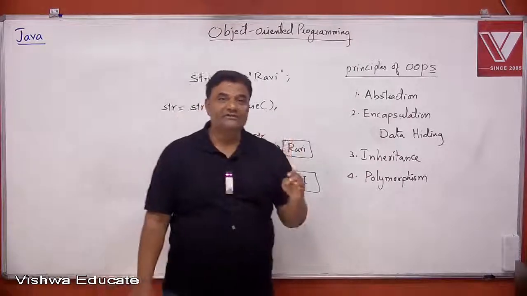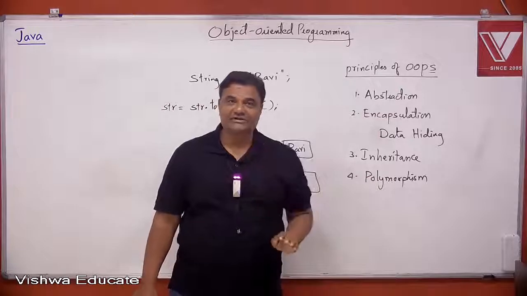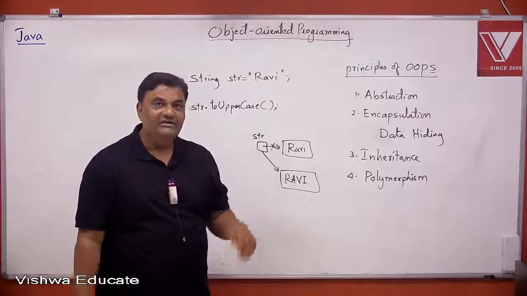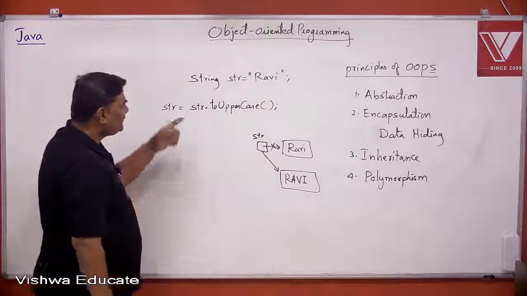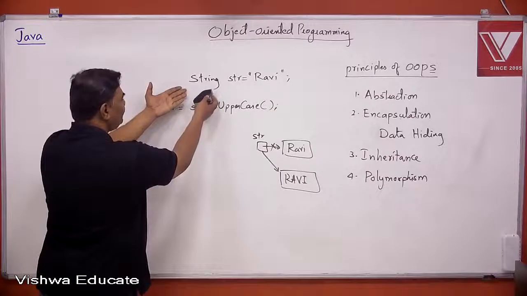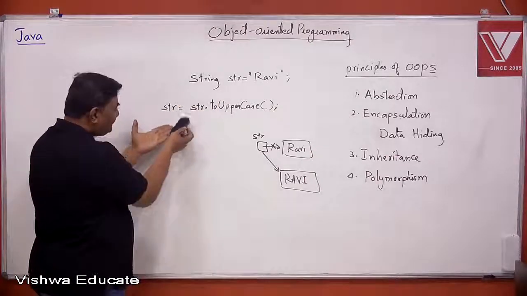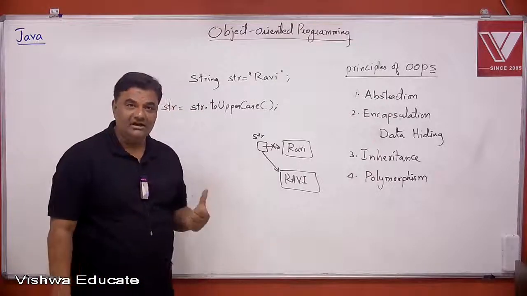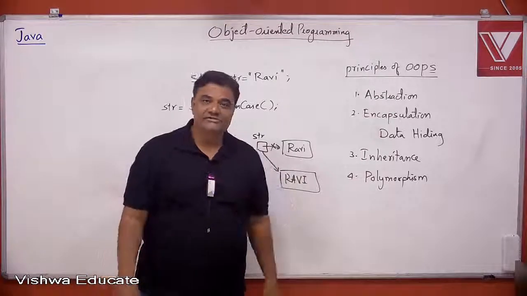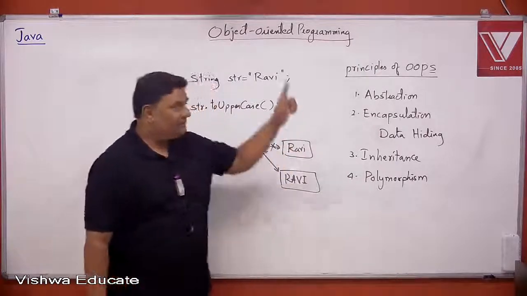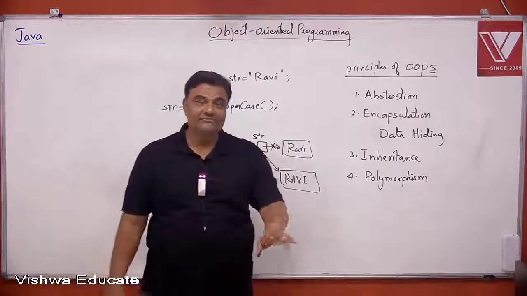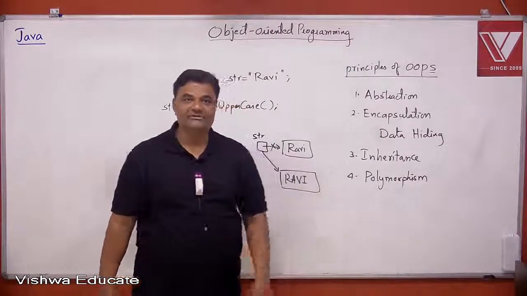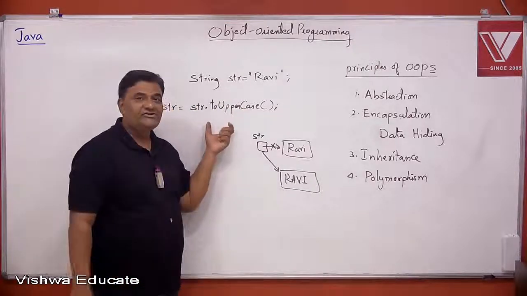So abstraction gives some peace of mind to the user. Who is the user here? We are not talking about the user of a software. We are talking about the user of classes. This is a ready-made class of Java, and I am using it in my program. So I am the user of this class. I am the programmer, not the person who is using the software. In object orientation, we are talking about the programmers, in between the programmers only. So a ready-made class is there, and I should just bother about using it.